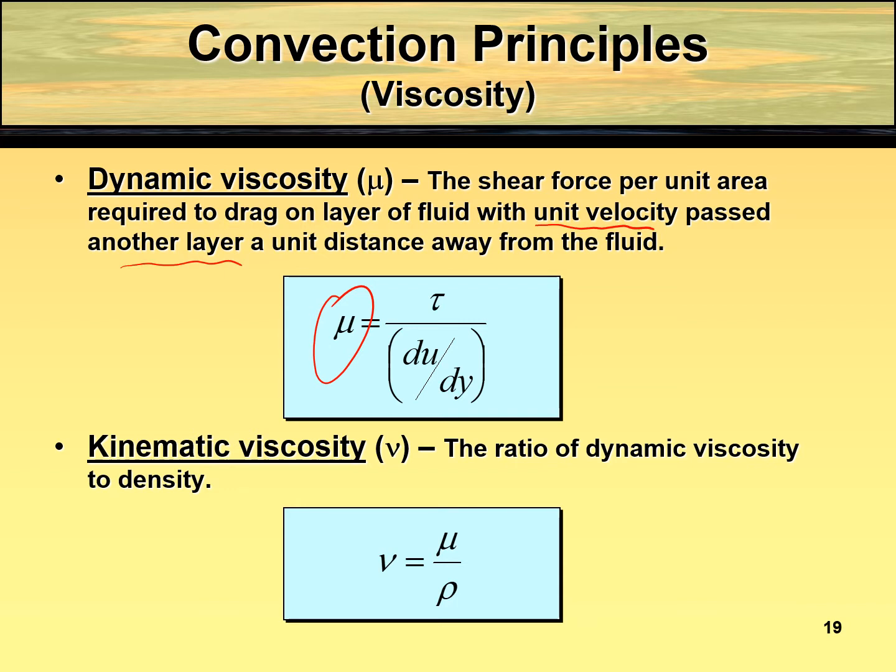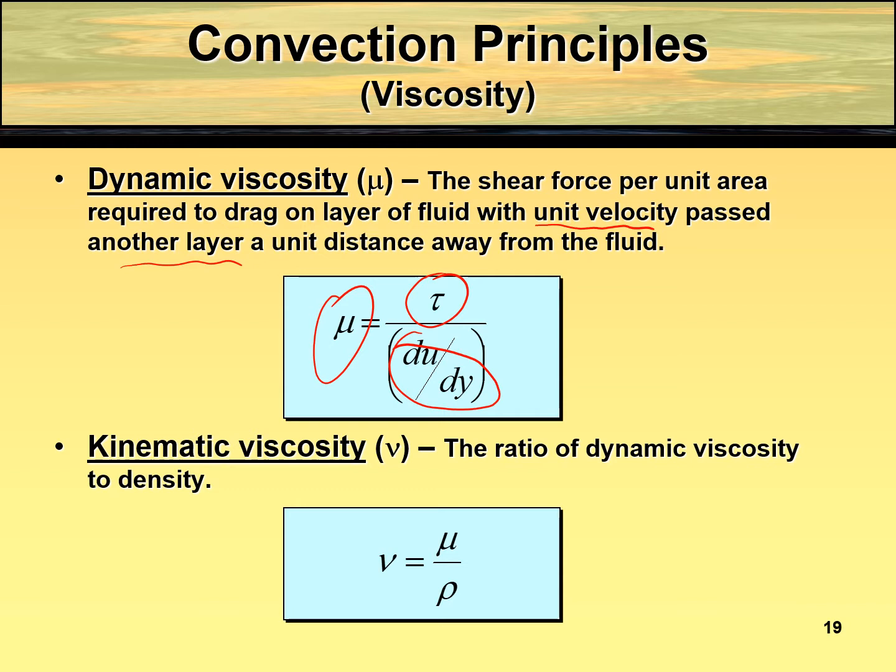This means that if the slope du over dy is larger, then the dynamic viscosity will be smaller; with a small growth of the velocity profile, the dynamic viscosity will be lower, or you have a bigger stress.